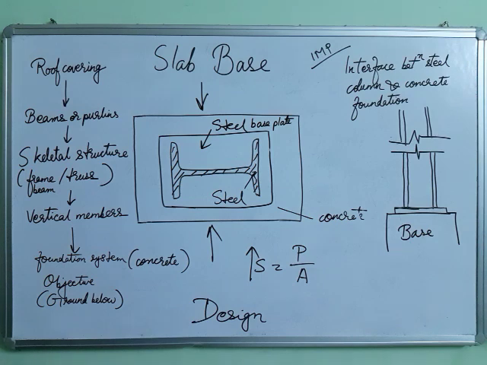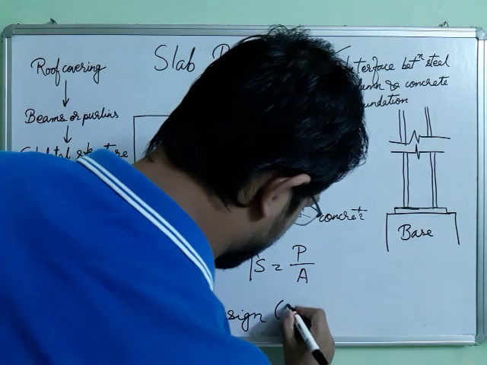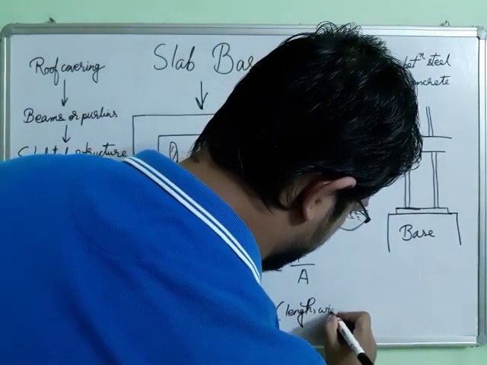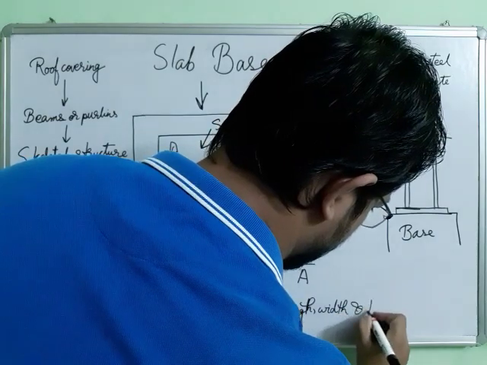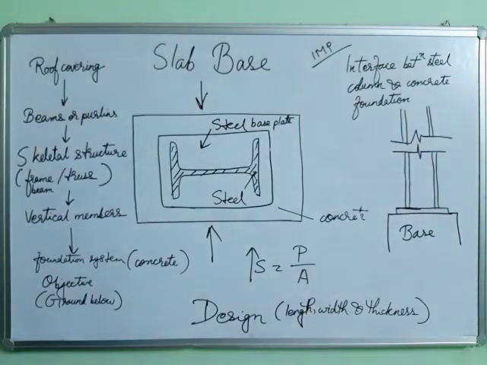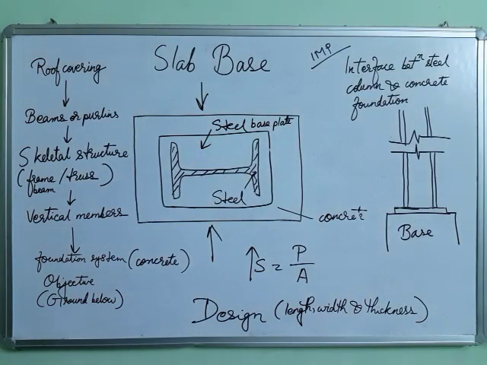That means we are talking about the length, width, and thickness of the base plate. So now we will be discussing one problem, and along with the problem, we will try to look into the various concepts in the design of a base plate.